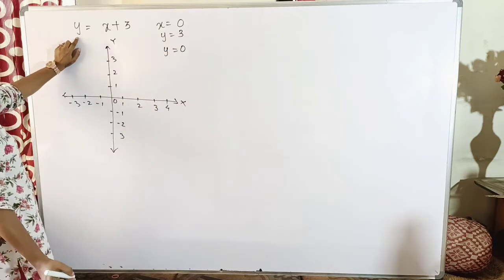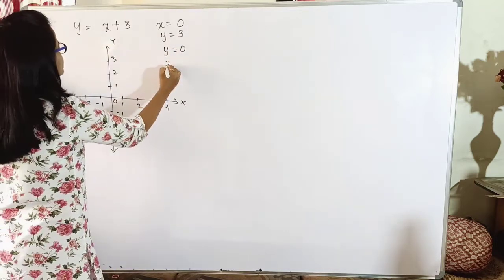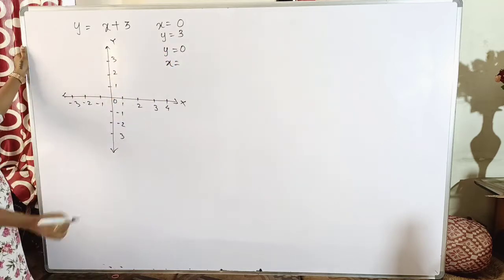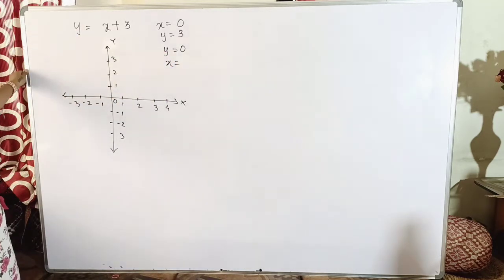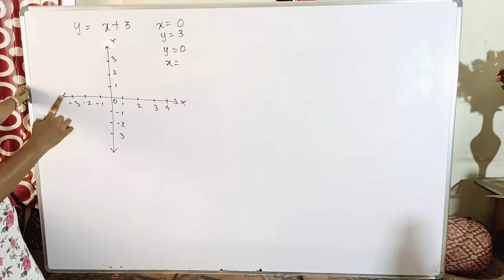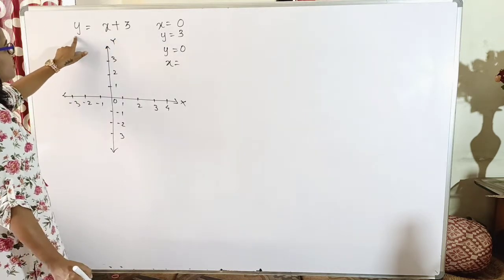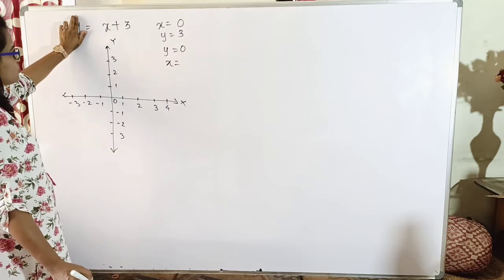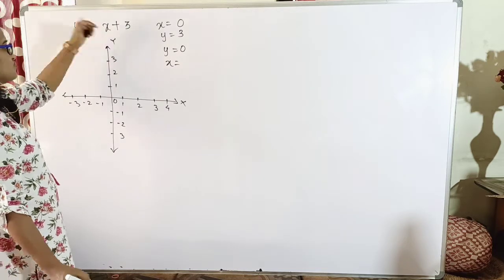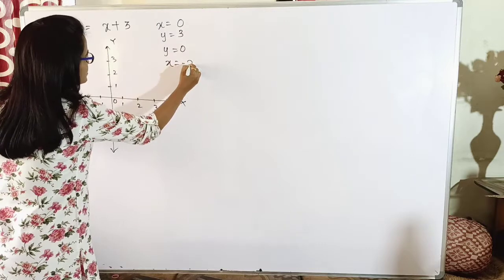What do I get for the value of x? So these two values will tell you where the line will intersect the x and y axis. So whenever I take x equal to 0, I get y value as 3. When I take y as 0, what will happen? This x will go on this side, so I will get the x value as minus 3.